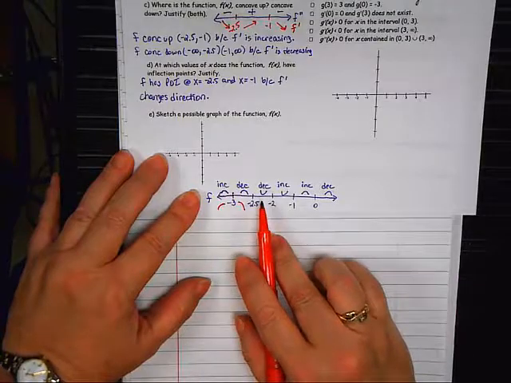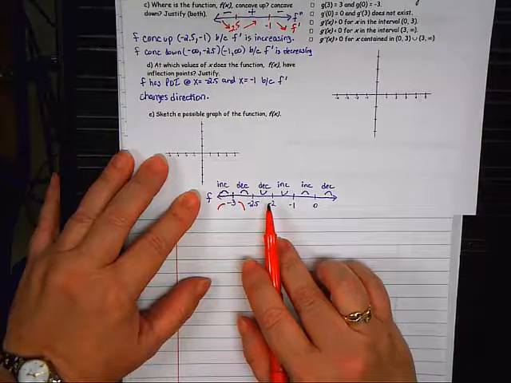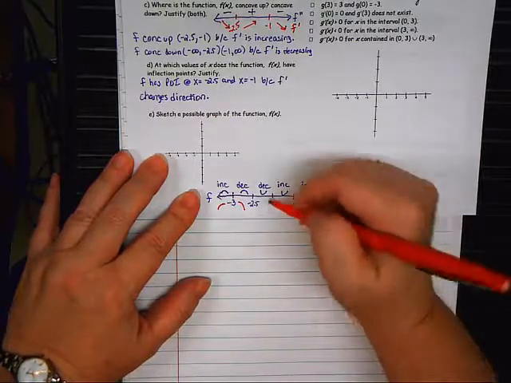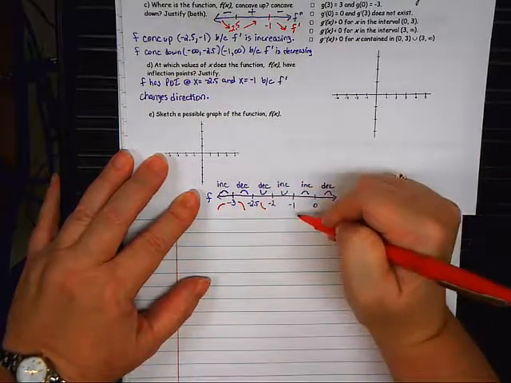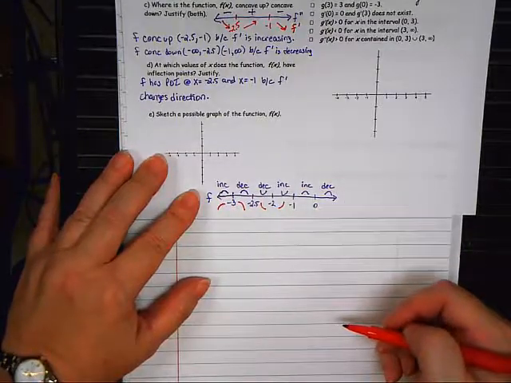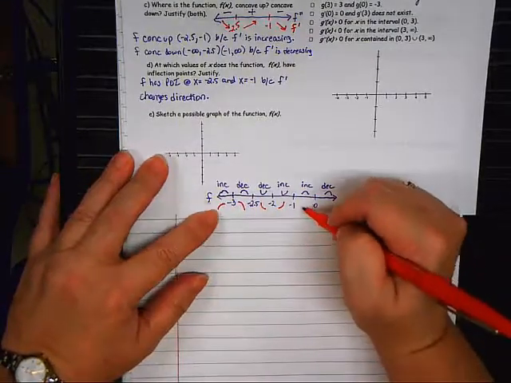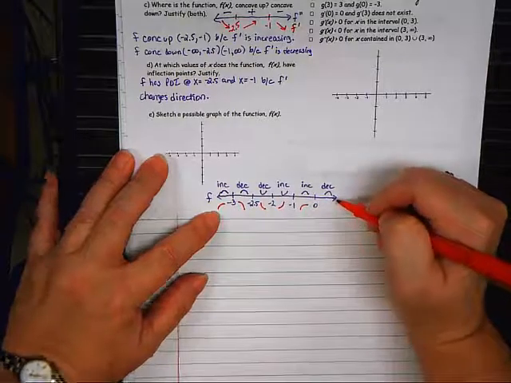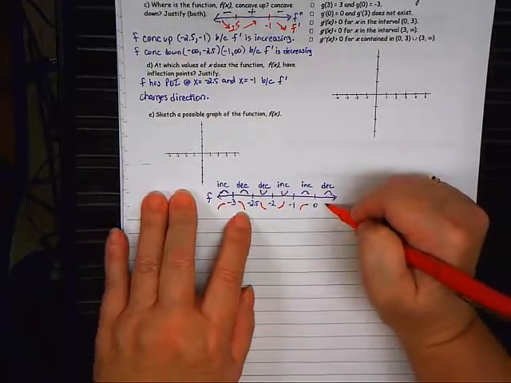Okay? The third section is decreasing and up. Which side is the decreasing of an up? The left side. Decreasing and up. Increasing and up is the right side. And then increasing down, I've already done that right there. Decreasing down, I've already done that right there.